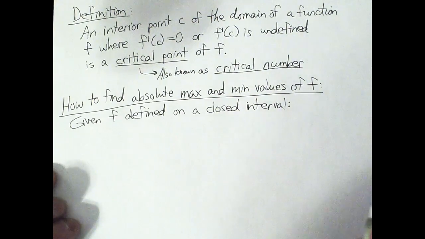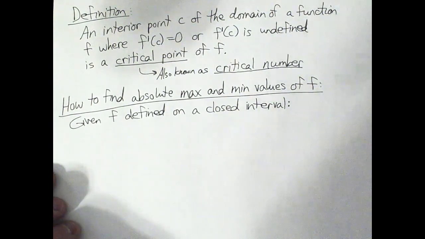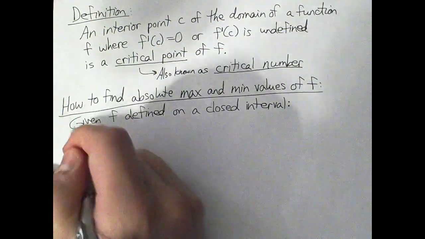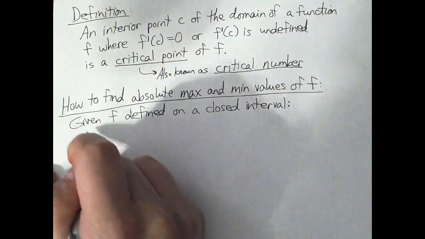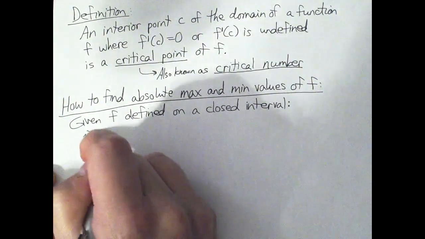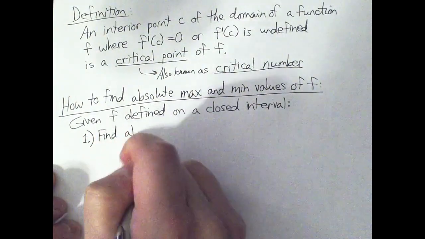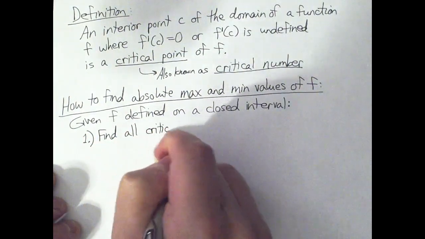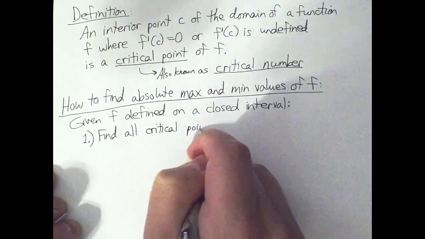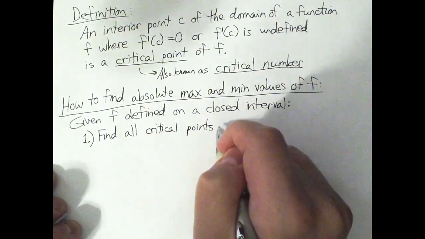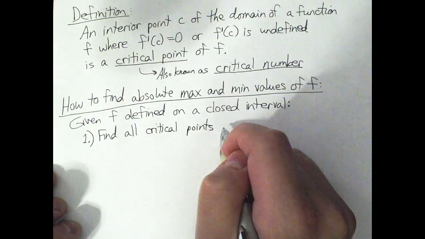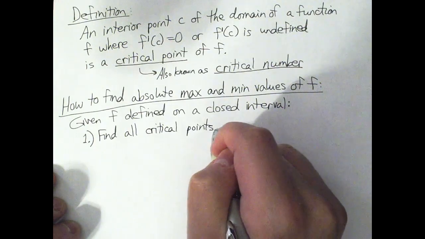Remember what a closed interval means? It means an interval with square brackets on both sides. There's a procedure. It's going to be 3 steps. Step 1, find all critical points.